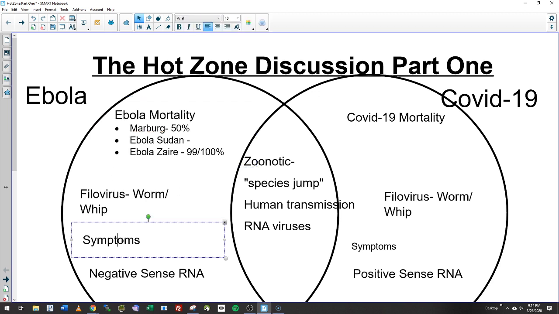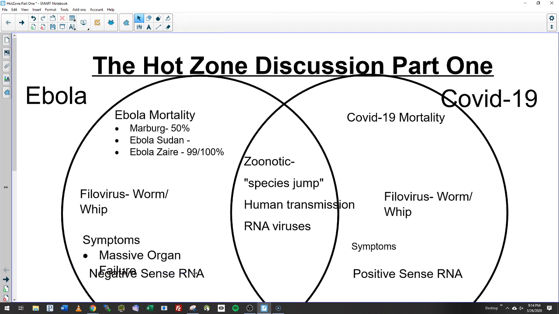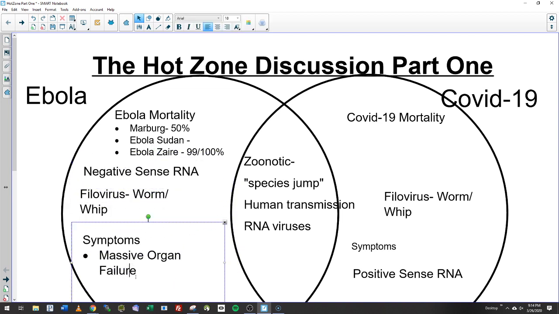All right, so symptoms. Sophia's throwing down with massive organ failure. I'm going to throw out there that you can definitely have some organ failure with COVID-19. It's not full organ failure, but there's definitely some organs that begin to shut down. With Ebola we're talking about massive, widespread organ failure, massive hemorrhagic bleeding, the skin separating from the body tissue.